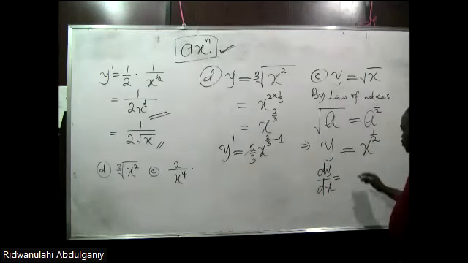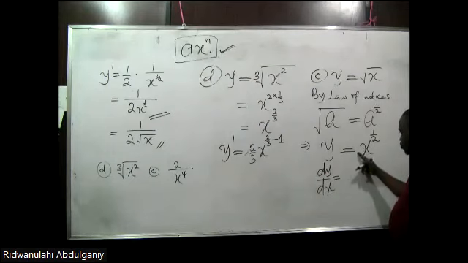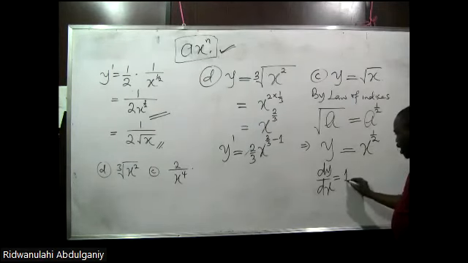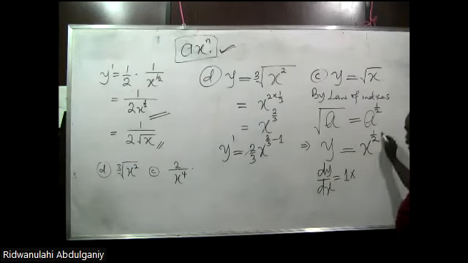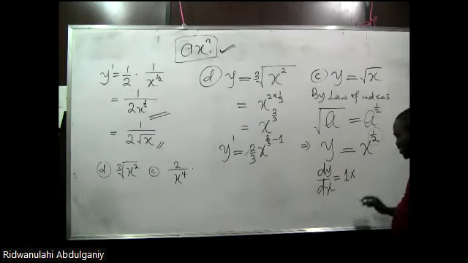What's the coefficient here? It's invisible one, sir. 1 times, what's our power? 1 over 2.